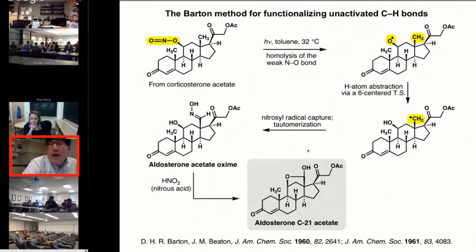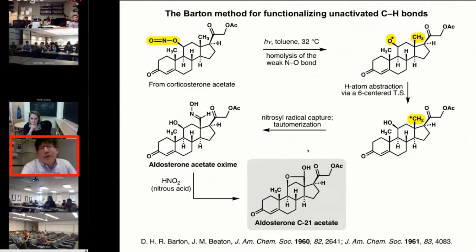You start with a nitrite ester, you give light energy to it, you induce homolysis of the weak NO bond. The resulting oxygen-centered radical is also capable, like nitrogen-centered radicals are, that oxygen-centered radical will steal a hydrogen atom from a totally unactivated site that generates a carbon-centered radical that combines with nitrosyl radical.